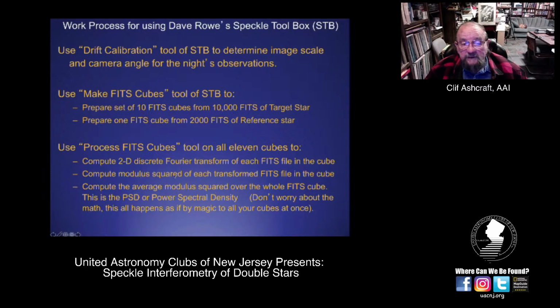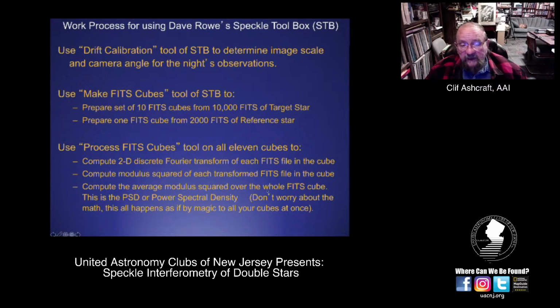The modulus squared is just the Fourier transform multiplied by the complex conjugate of the Fourier transform. All of these are matrices roughly corresponding to the rectangular area of the image. Then you compute the average modulus squared over the whole FITS cube.